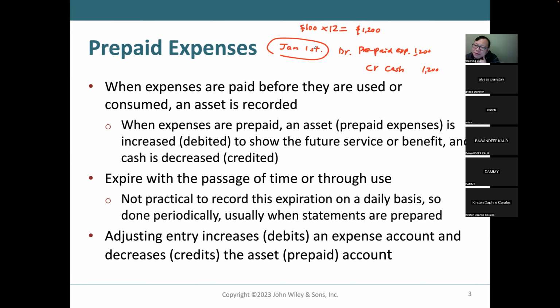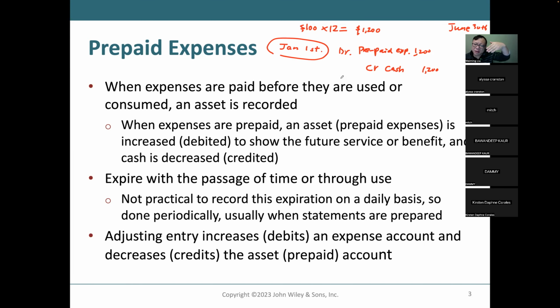If the company's fiscal year end is June 30th, so this is my last day of the fiscal year, now I consider making the adjusting entry.